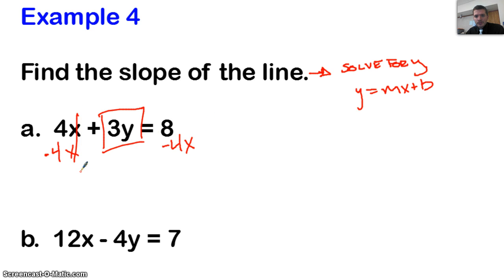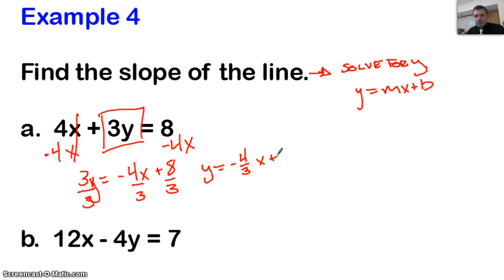I can't combine those, they're not like terms, so it'll be 3y equals -4x plus 8. And the last step is to divide by 3. So it'll be y equals -4/3 x plus 8/3. Okay, so the slope is right here, -4/3.